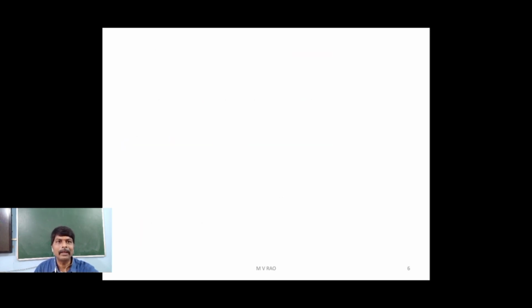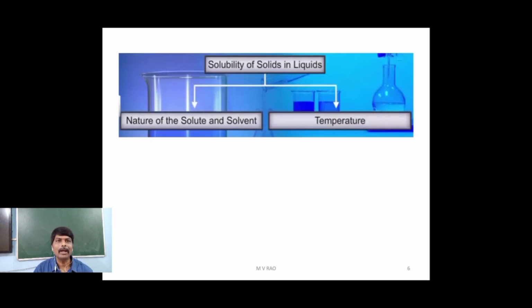Now first of all we will see the solubility of solids in liquids. In today's class, the solvent is a liquid like water, and the solute is a solid like salt or sugar. So in today's class I will explain only this one, the solubility of solids in liquids.